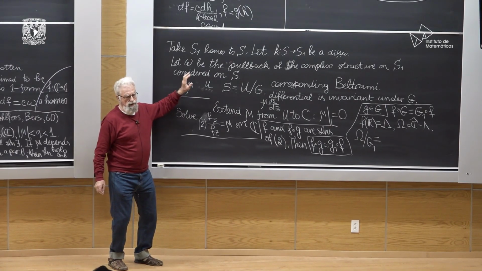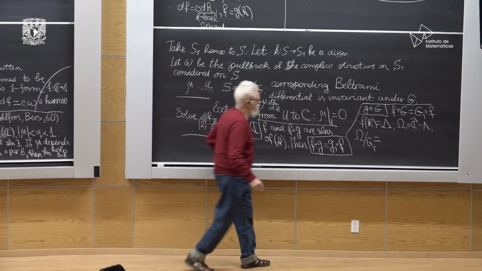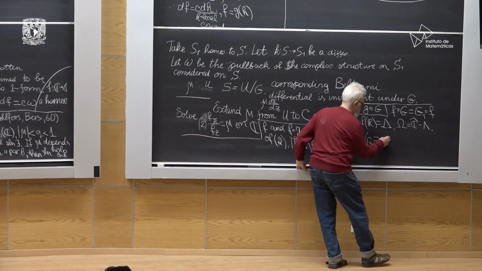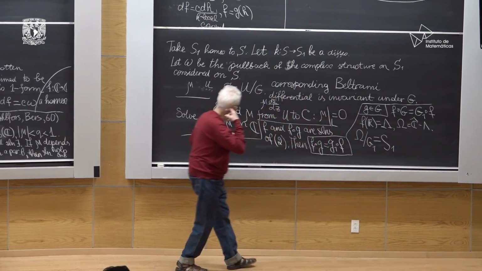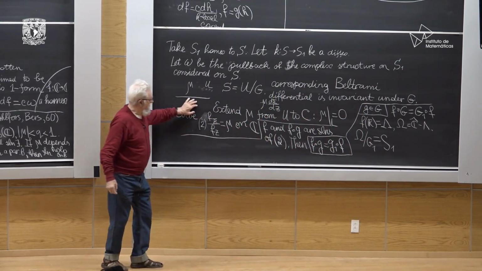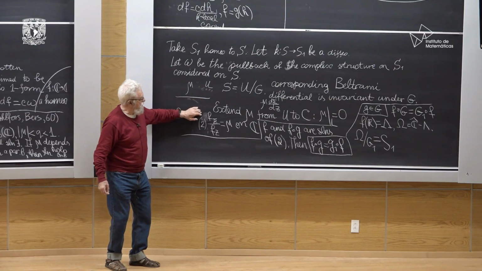So the factor space of the image of the upper half plane under G1 will be S1. And in the lower half plane, f has zero Beltrami coefficient. So f is holomorphic.